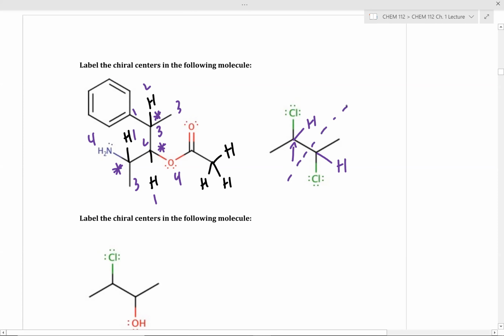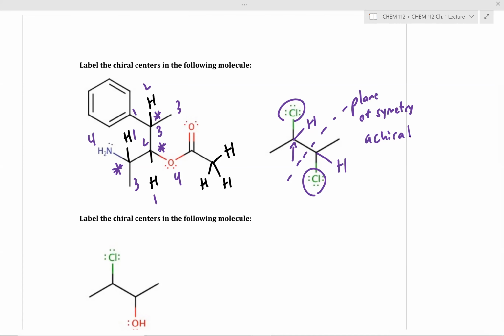However, this molecule has a plane of symmetry, and depending on the stereochemistry of each of these chlorines, this molecule could be achiral. So always just be on the lookout for a plane of symmetry. And if you have identical stereochemistry on both sides of the plane of symmetry, then the molecule itself is achiral.